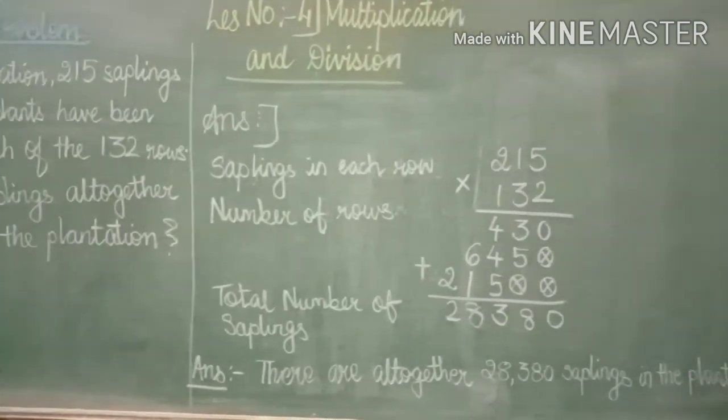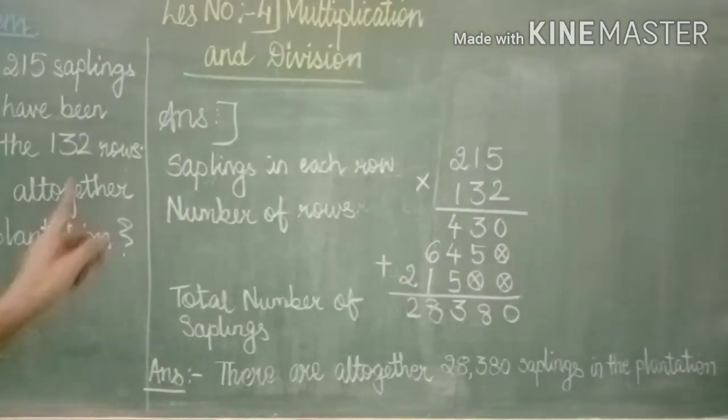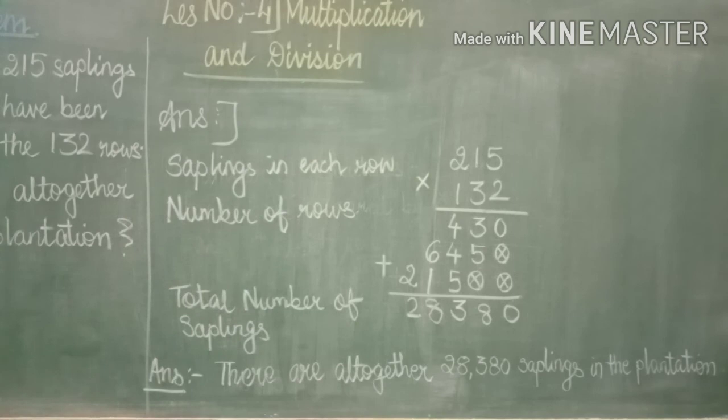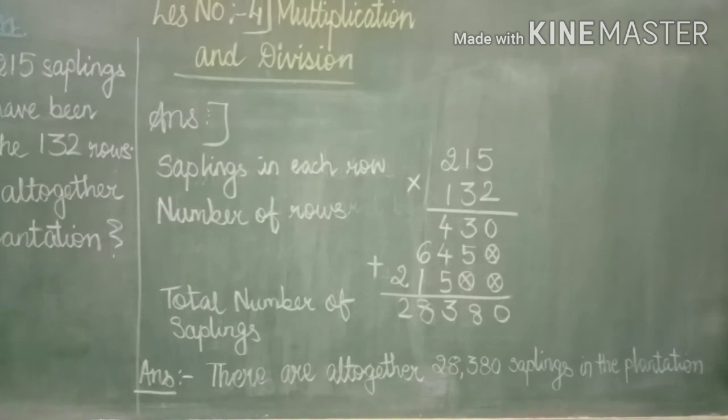First write saplings in each row are 215, number of rows are 132, then we do the multiplication and we get the answer as total number of saplings. In the answer we have written, there are all together 28,380 saplings in the plantation.